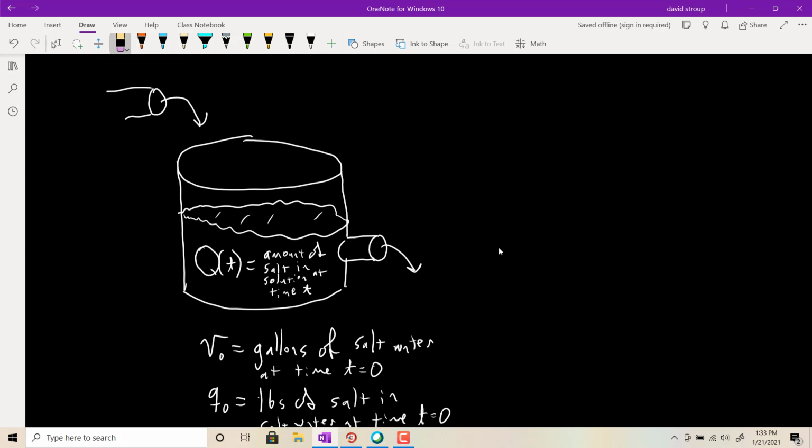We want a formula for predicting the amount of salt in the tank. And you assume the tank is well stirred, so the salt isn't going to bunch up on the bottom and never leave the tank or anything crazy.